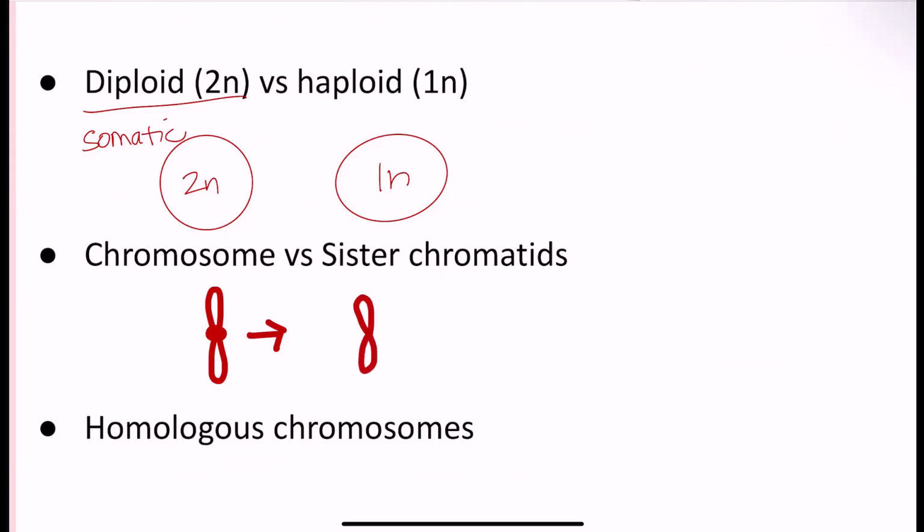One chromosome, and then its copy, and again that center thing in the middle. Each of those sides is genetically identical, and those are called sister chromatids. So this is just one chromosome, and those two little copies of that same chromosome are sister chromatids.